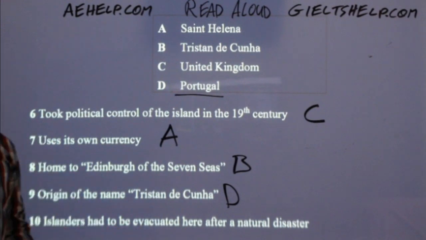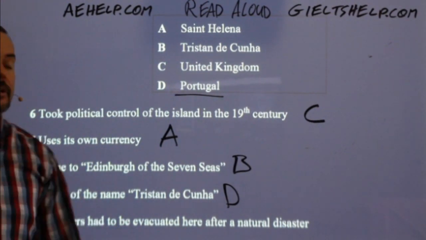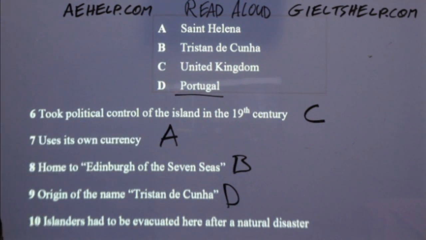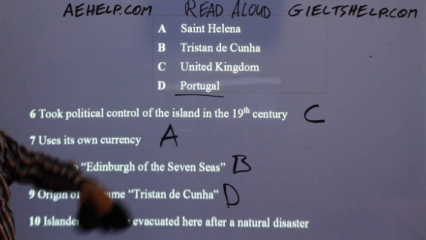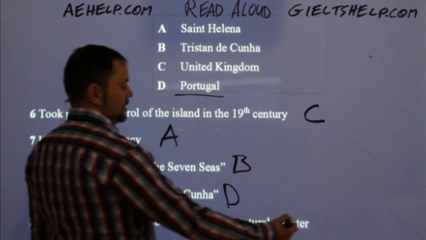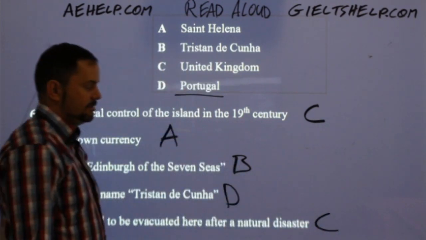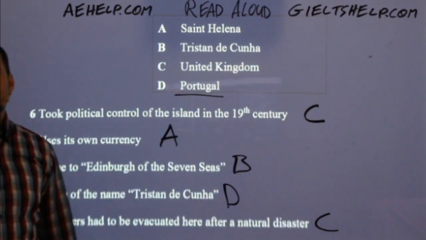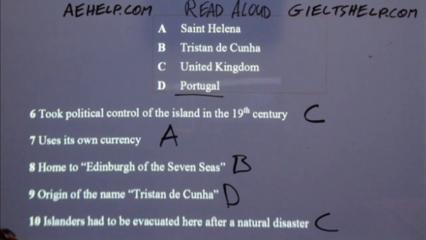Yeah, so Roshni says they had to go to England. England is in the United Kingdom, right? I don't know if it was London, but it was definitely England, and that's in the UK. So C, A, B, D, C, right? Careful with directions.